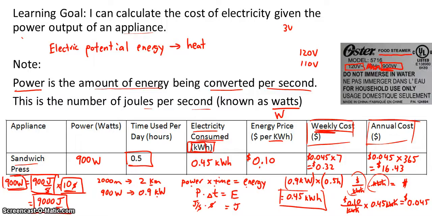So this time, hopefully you can calculate the cost given the power output of an appliance. The plan for this is, if we can figure out how much power is provided by a solar panel, then we can figure out how much electricity is going to be given to us by the solar panel.